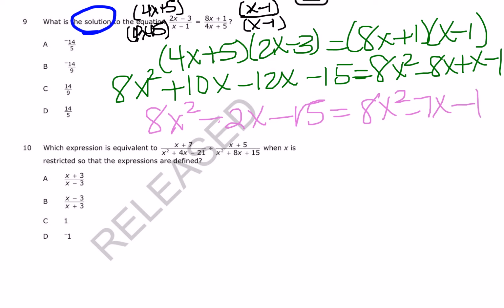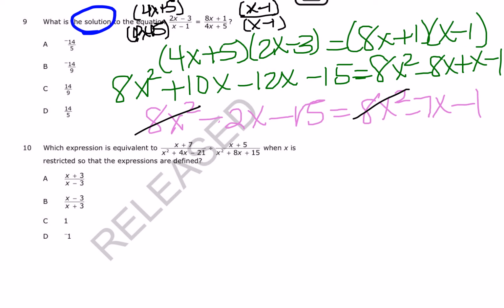And so since there's an 8x squared on the left side and an 8x squared on the right side, they're going to be equal. So even if I subtract 8, the positive 8 is also going to combine with the negative 8 to give you 0. So I can simplify those out to 0 because they're exactly the same on both sides. And I always try to get a positive x because that saves me an extra step.